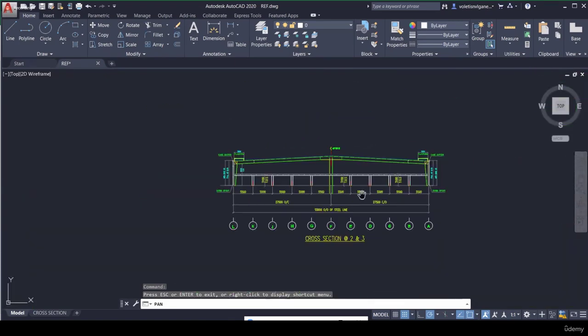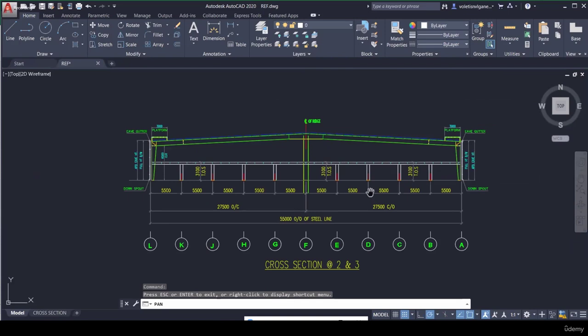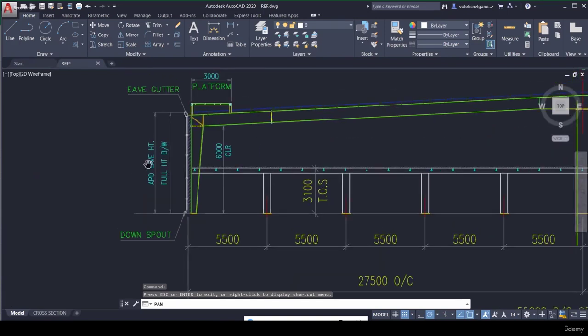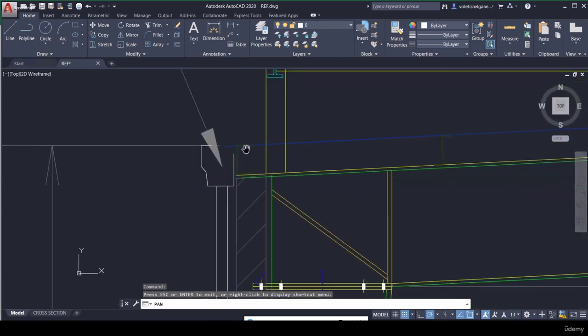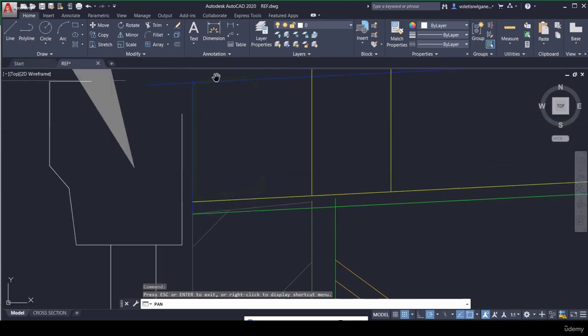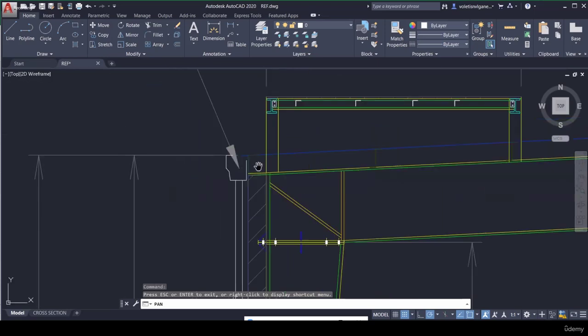While talking about height, there are certain terminologies we use in PEB. One is eave height. Eave height is the height up to the top of the channel section, which is called the eave strut. I have already discussed this in the PEB components. The C section you are seeing here is called the eave strut.